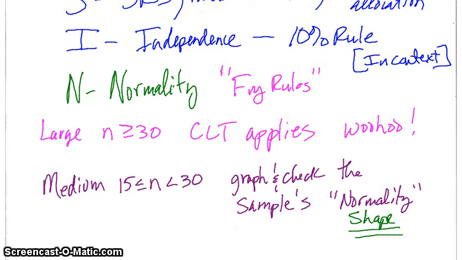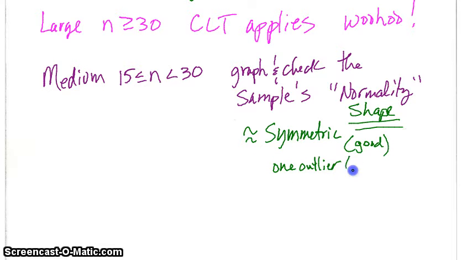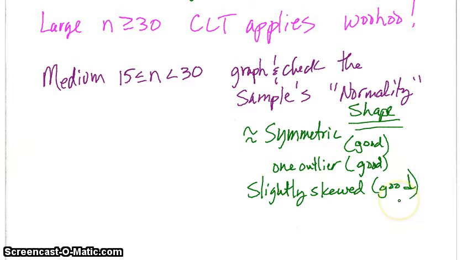And the key here is when we check the shape of our graph, if it's approximately symmetric, we're good. If there is only one outlier, we're also good. If it is slightly skewed, we're good.